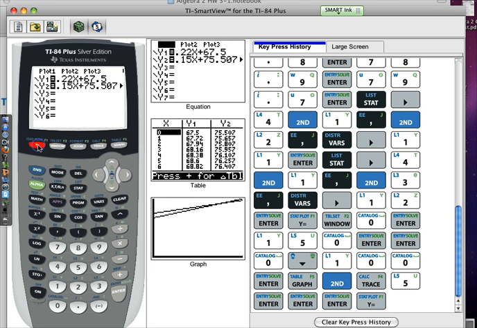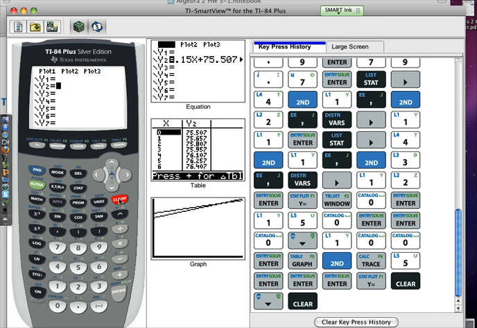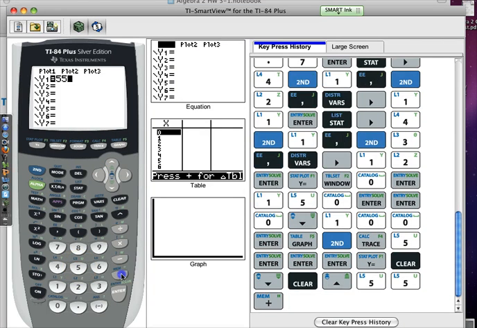So, you go in here and clear out all that lovely work from the last problem. And we had those already solved for y. So all I have to do is punch those in, 55 plus 2x. And then the next one is 35 plus 3x.